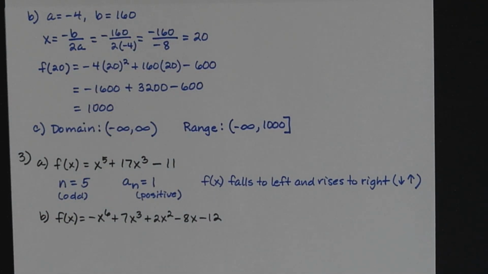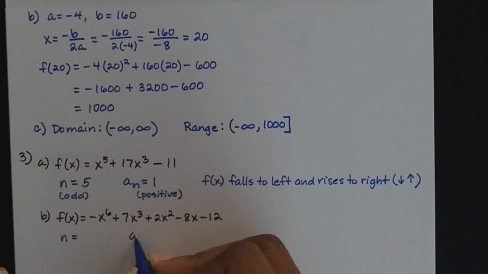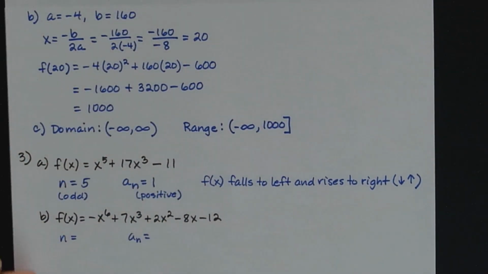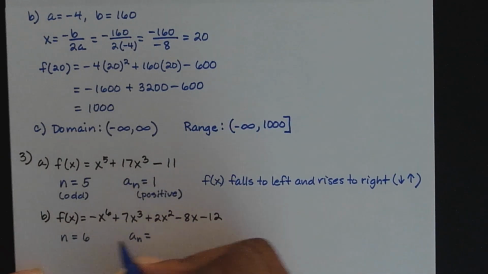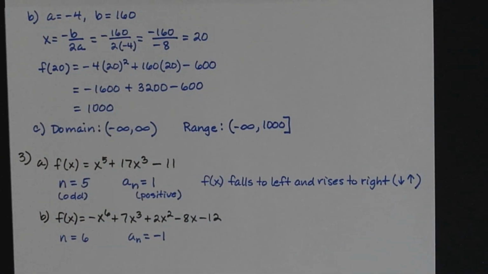And I want to find the end behavior of the graph of this function. All right, so now what's our n in this case? 6. And what's a sub n? -1. That's the negative sign in front.